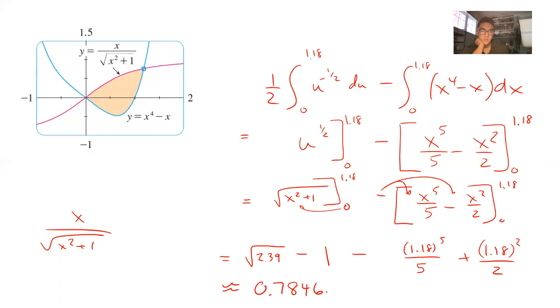Because I think you did the problem wrong. 1.18 to the 5th divided by 5 plus 1.18 to the 2nd divided by 2 would be bigger than the square root of 2.39 divided by 1. I don't think so.